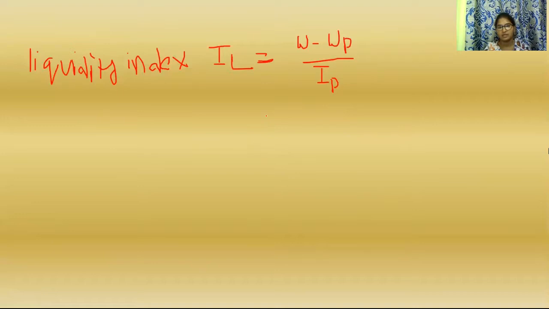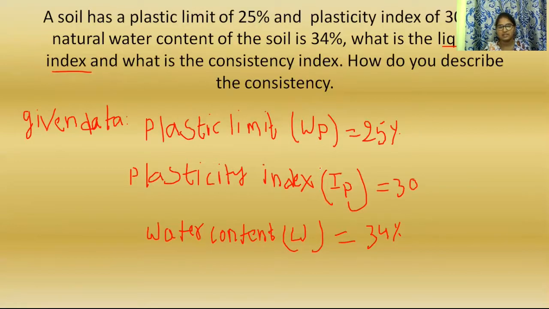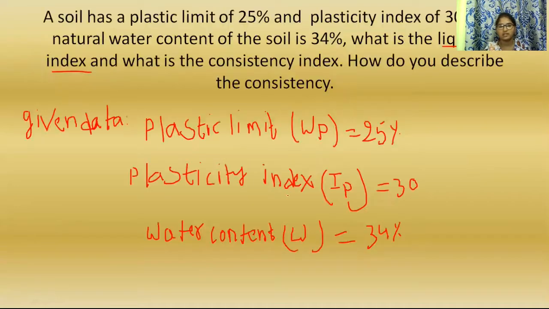Directly, water content 34 minus WP 25, divided by plasticity index 30. So the liquidity index value is 0.30.